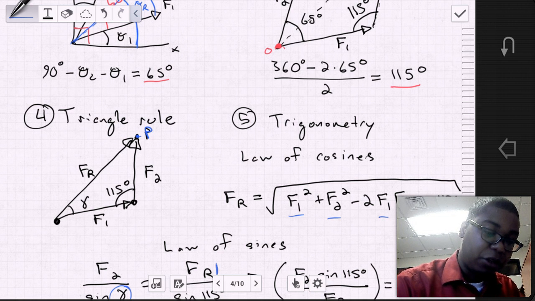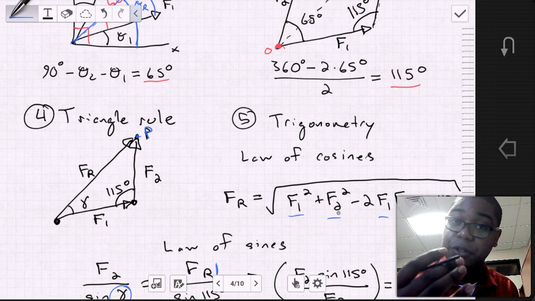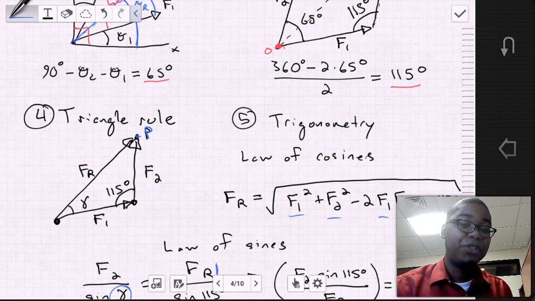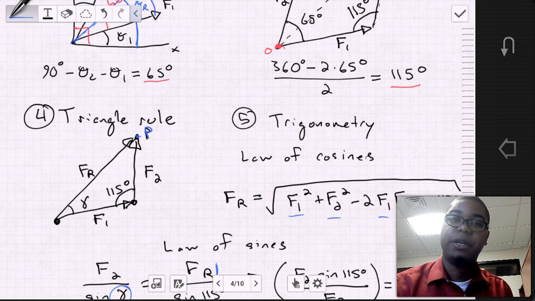We know the magnitudes of F1 and F2 because those are givens, and we've also found the angle, so we can directly solve for the magnitude of the force resultant using the law of cosines.